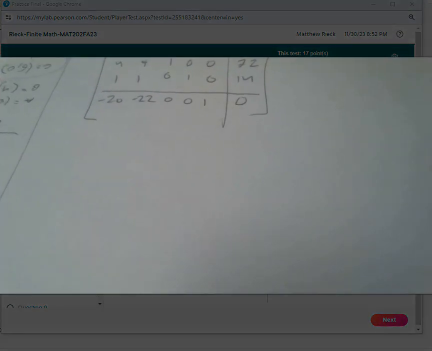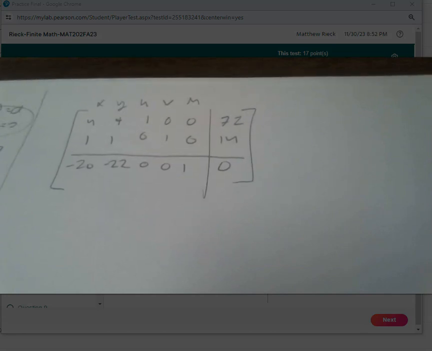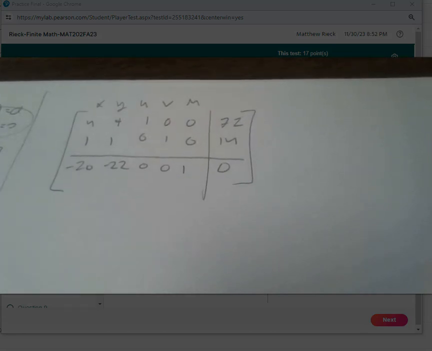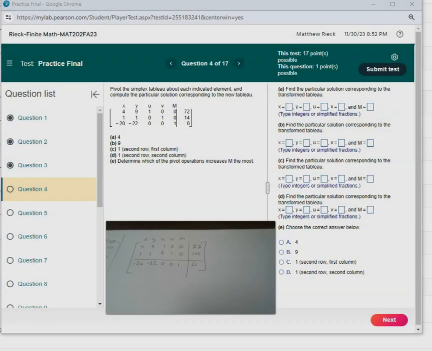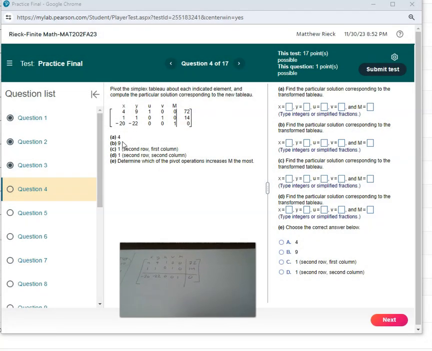To go from one simplex tableau to another, we go through this process known as pivoting. So the next question here is dealing with pivoting about the different elements.